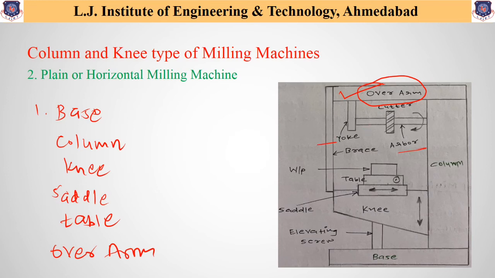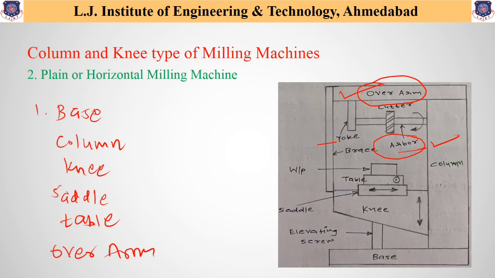As we discussed in our first lecture of this chapter on milling machines, the next part is the arbor, and it is used for holding the milling cutters during the operation. It is the common method of mounting the cutters on the horizontal milling machine. So the support which is used to hold the cutter in a horizontal milling machine is called the arbor.